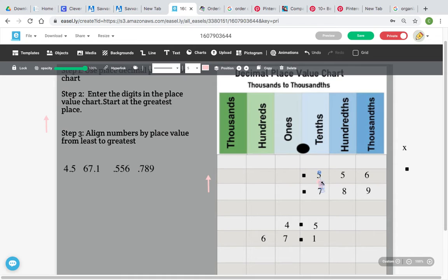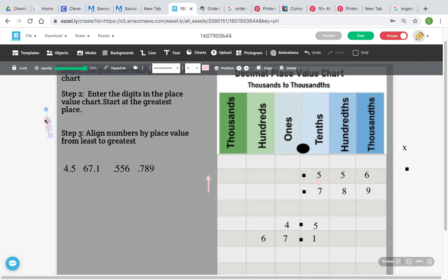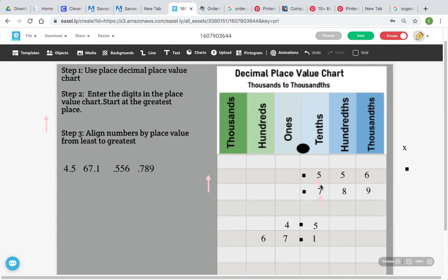Then I look at the other number, and I look at the digit for the other number, and I can see that it's 7. Now I need to decide which number is bigger, 5 or 7. So I already know that 7 is bigger, so it has a greater value.